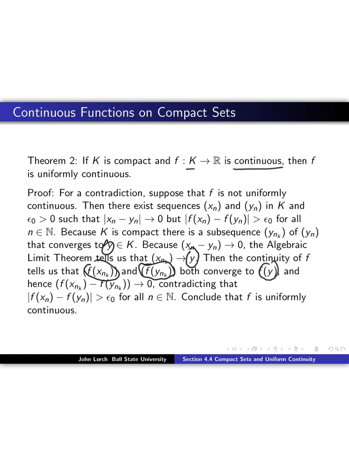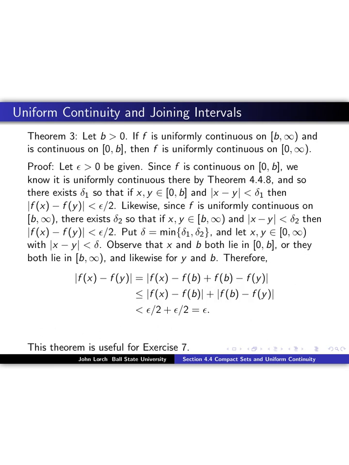And so that means that the difference between these two must converge to 0, right? Because each of these individually is getting close to f of y, and when we subtract, we get something small. So that's a contradiction, because remember, f of x sub n minus f of y sub n were always supposed to be bigger than some epsilon naught. And so we've got a contradiction here, and that means that this function really is uniformly continuous.